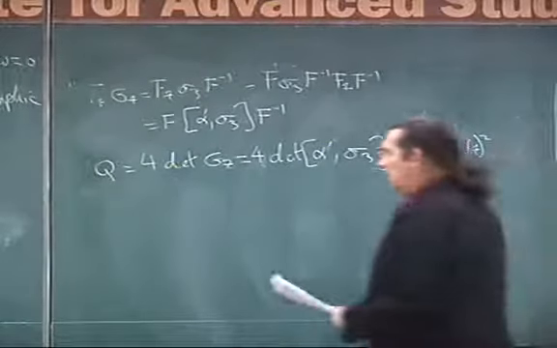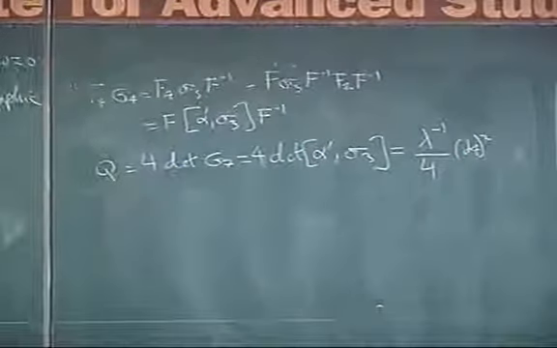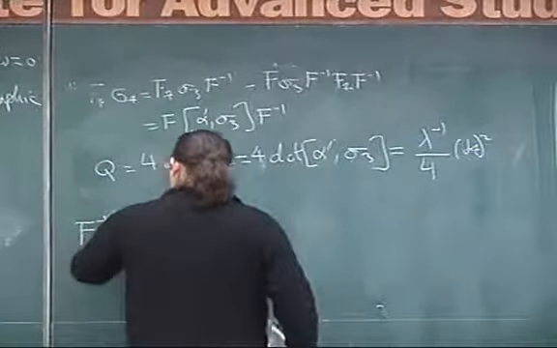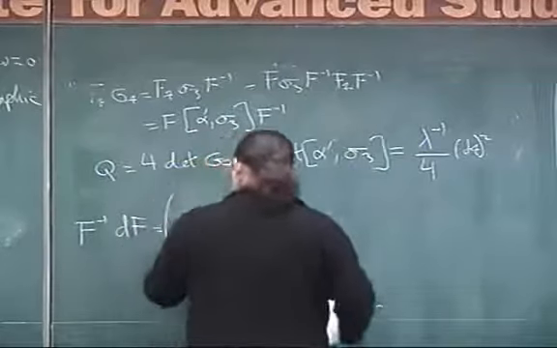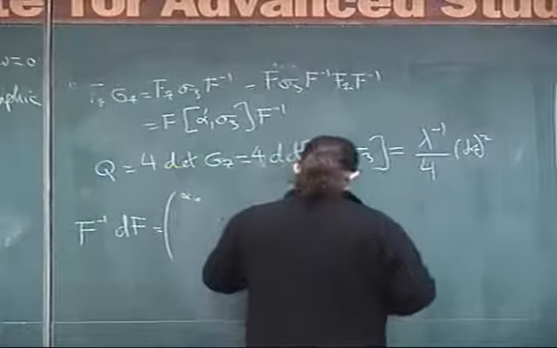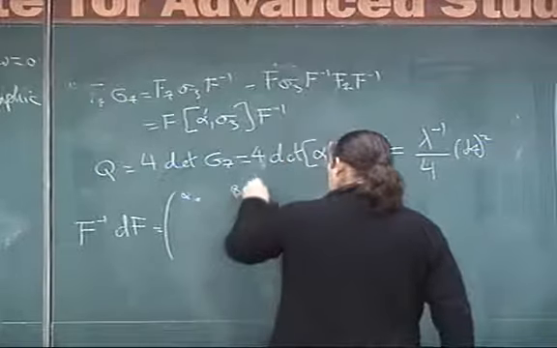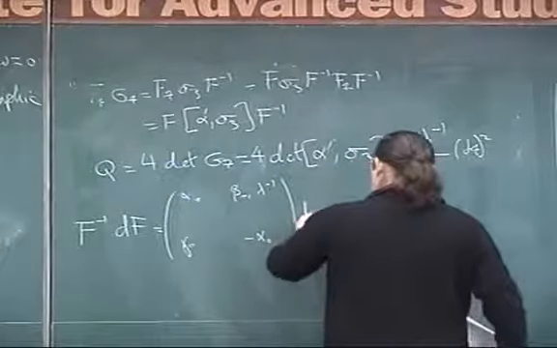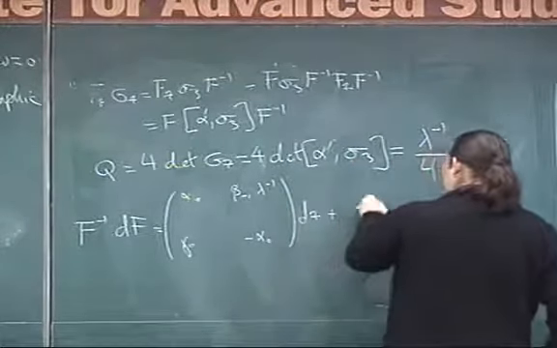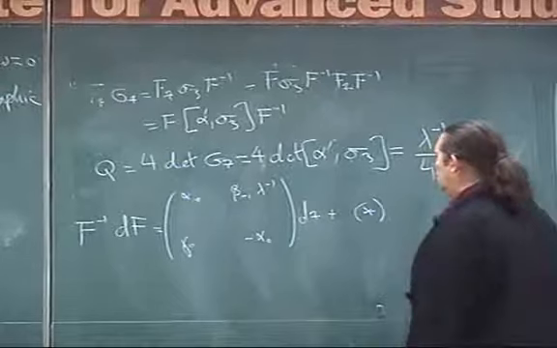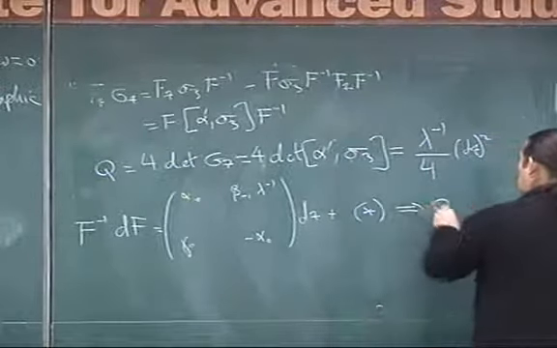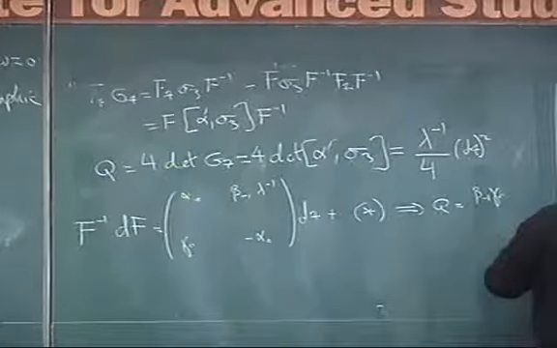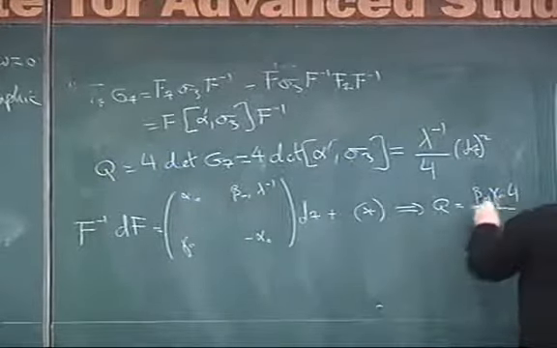Well, I would like to remark that for every df of beta minus 1, lambda minus 1, gamma 0, dz plus something after, which is in some sense a conjugate, then Q is beta minus 1, gamma 0, 4 on lambda.